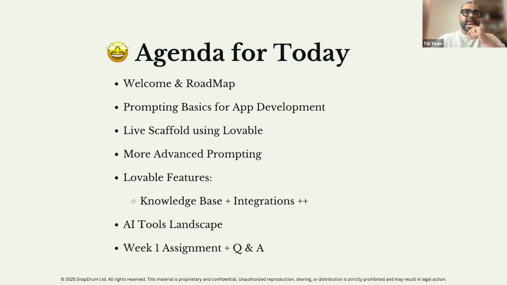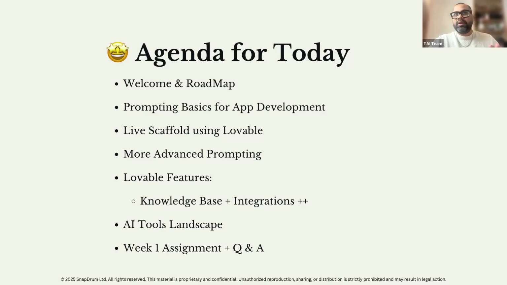The idea today is to understand prompting basics. I'm 100% sure you know a lot about prompting, using a lot of tools like ChatGPT or any kind of AI tool. But we're going to go a bit more in detail on how to think about prompting, especially for app development.